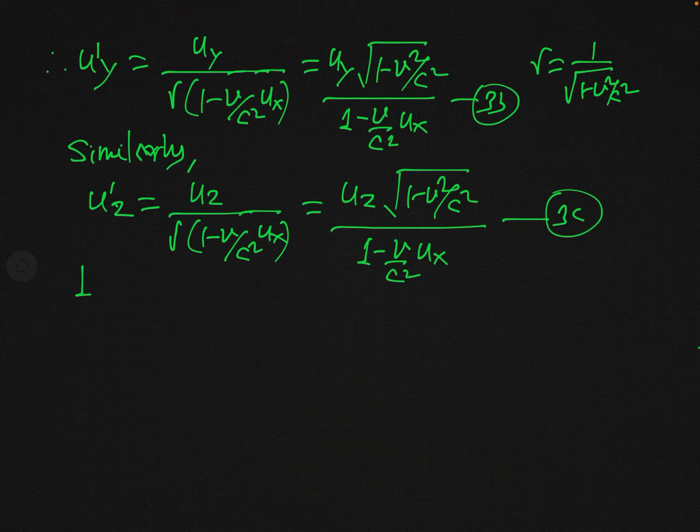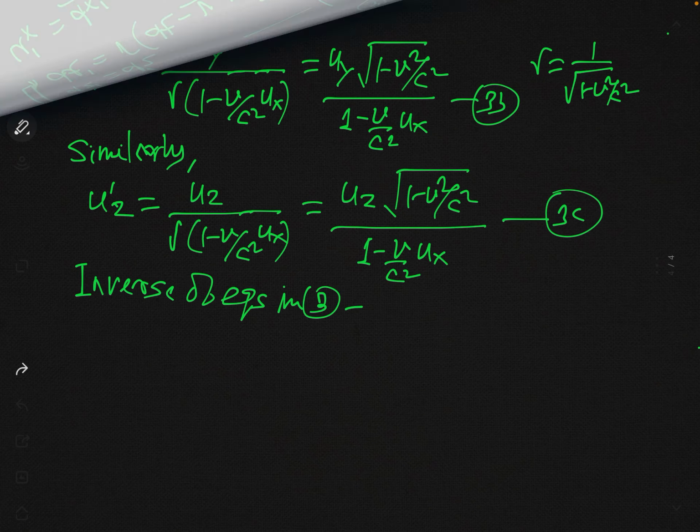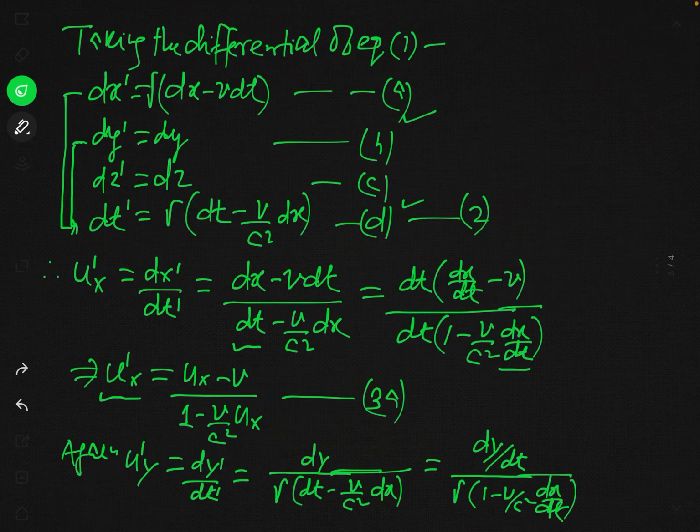So inverse of equations in 3. You can see the first equation is for u prime x. At the place of this u prime x we will write ux, at the place of ux we will write u prime x, and at the place of v we will write minus v, so here it will be plus.